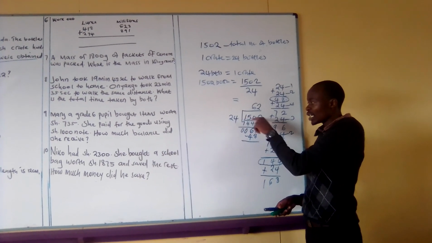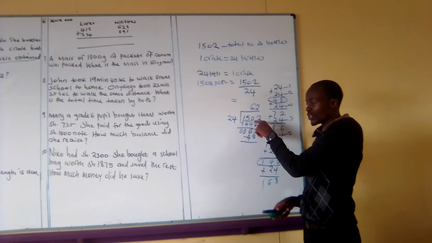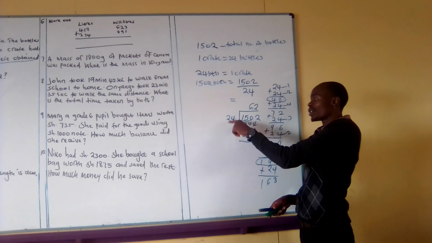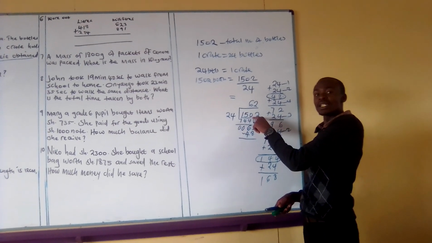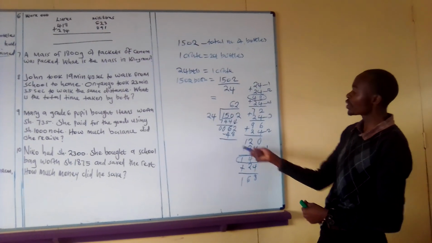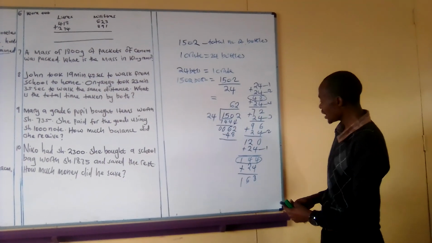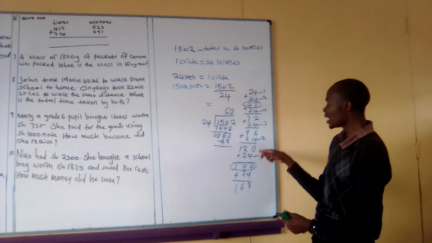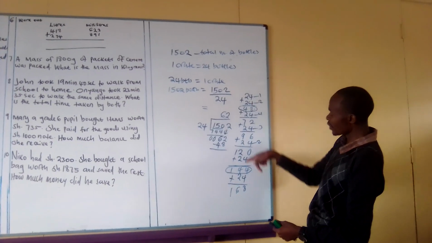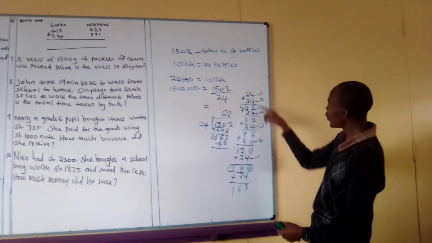And therefore we make it a little bit 150. And then we ask ourselves, how many times does 24 go into 150? And then we found that 144 is close to 150. Therefore we used 144.